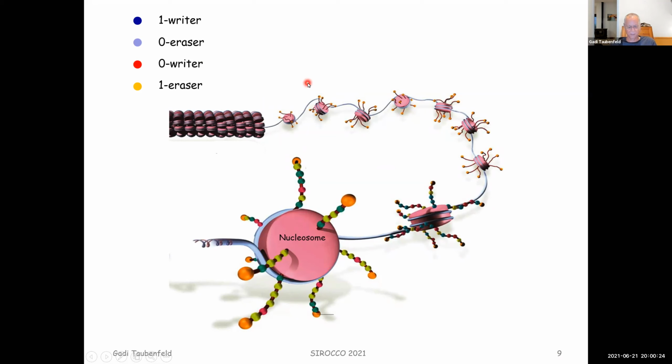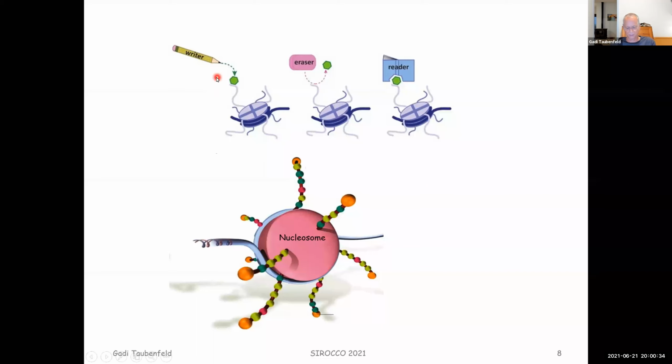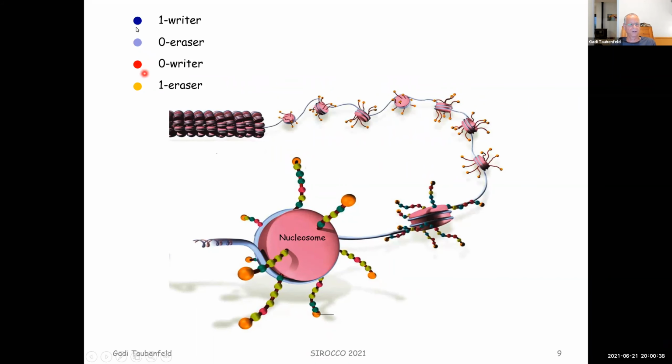Here is another abstraction. From now on, everything is new. What I just told you was background. So we're going to abstract it away, and instead of speaking about lots of types of writers, we're going to say that there are two types of writers. A one writer, which can leave a mark which we call one. This corresponds to writing one into this memory location.